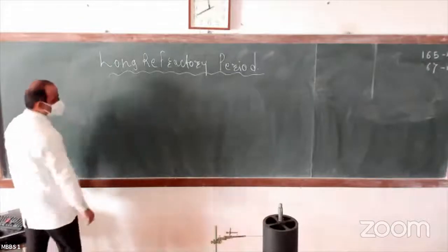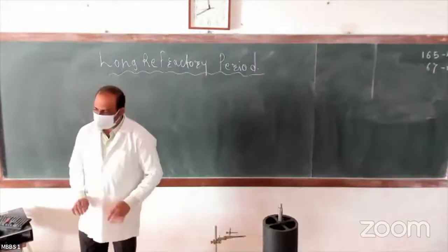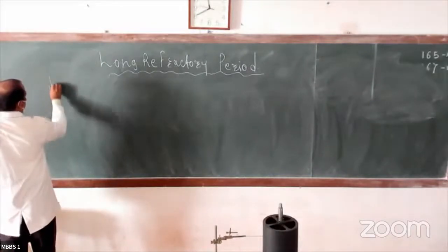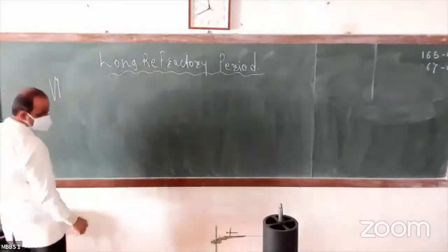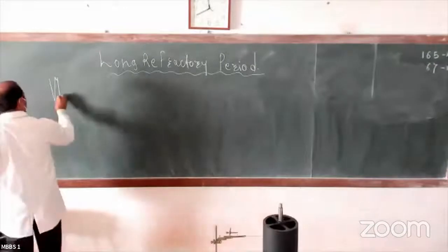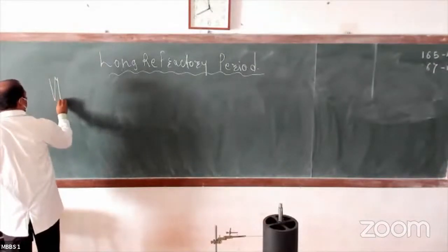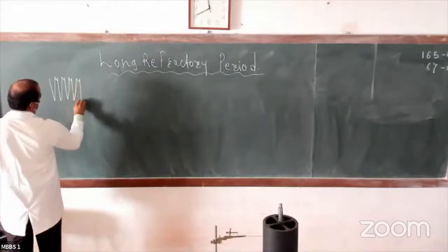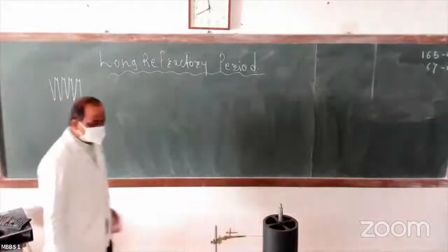Here we will start the recording. First, we'll record the normal cardiogram. This normal cardiogram will be in this form. This is a normal cardiogram.